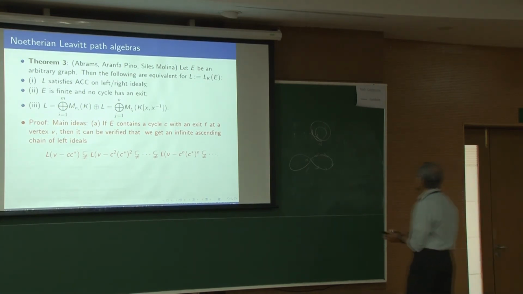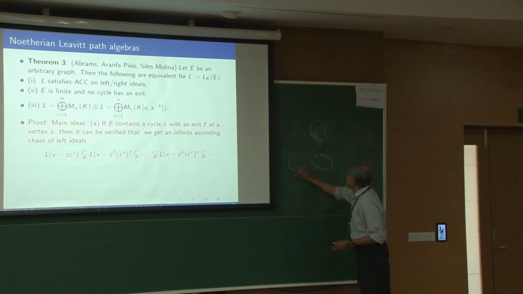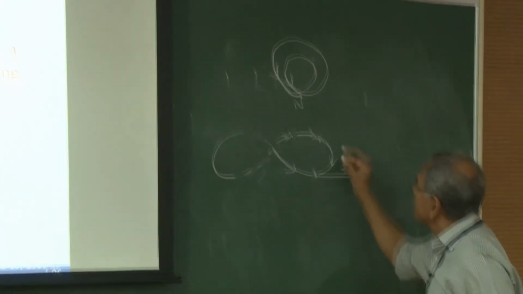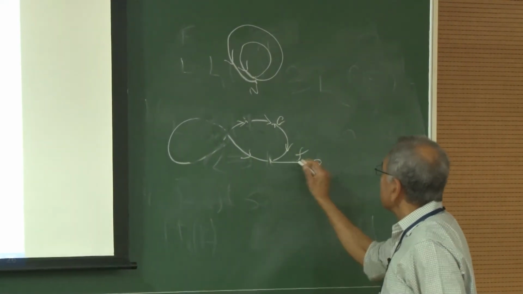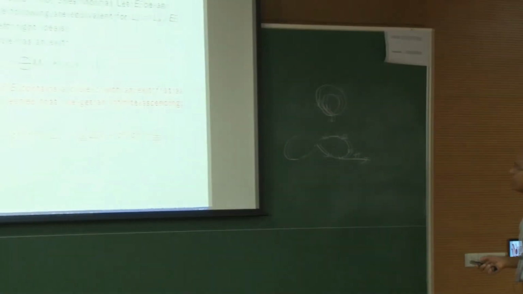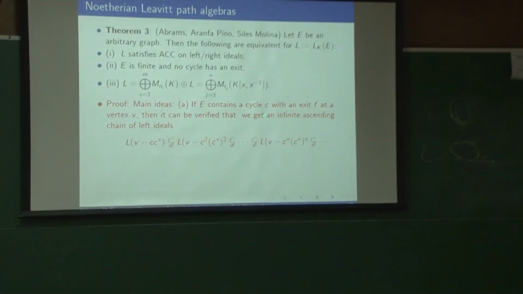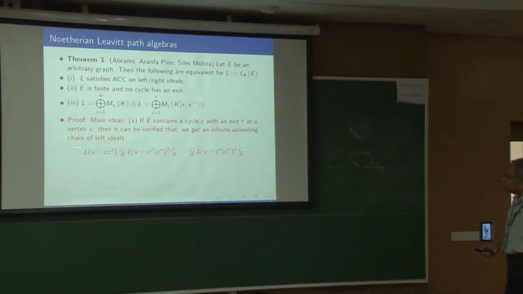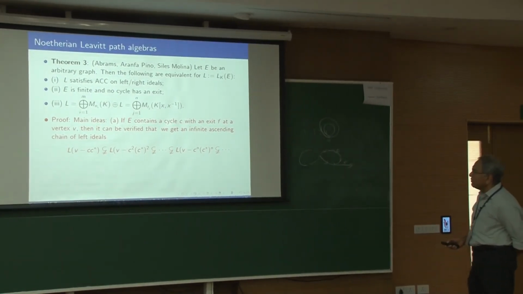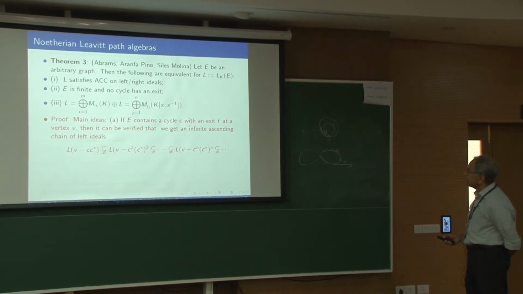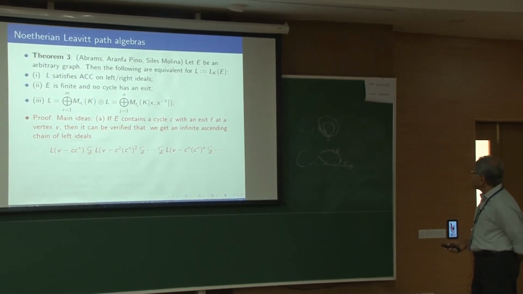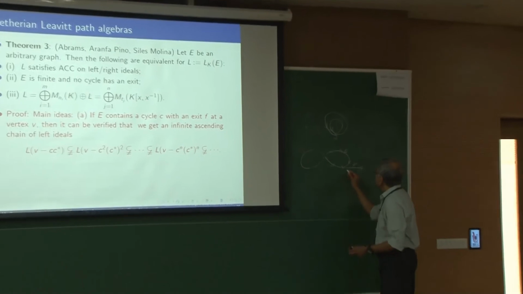Just a quick reminder, what does exit mean? So this is the cycle c, and if it has an additional edge f coming out of it, then automatically you get an infinite ascending chain. This chain of left ideals is generated by v minus cc*, where c is a cycle based at the vertex v, and this is in this diagram. This is the vertex v.